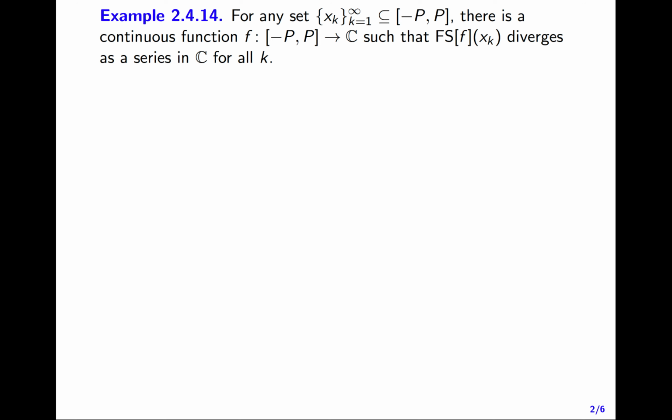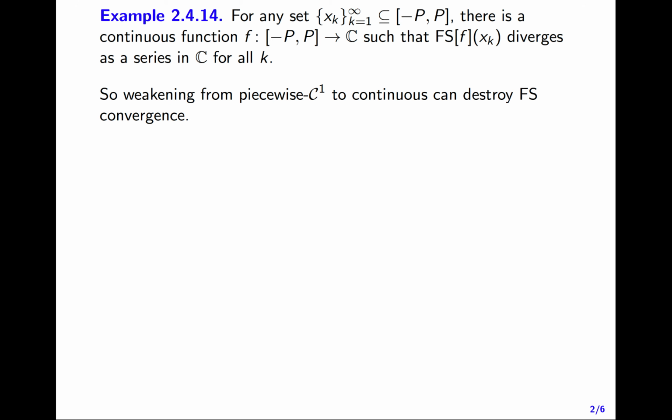Even being continuous on the interval, not continuously differentiable, but just continuous, doesn't guarantee that your Fourier series converges back to f, or that the series converges at all. And yet, if you have a continuous function, it's definitely integrable, so it makes sense to talk about the Fourier coefficients of that function. So weakening from piecewise continuously differentiable to just plain old continuous can destroy the convergence of a Fourier series.